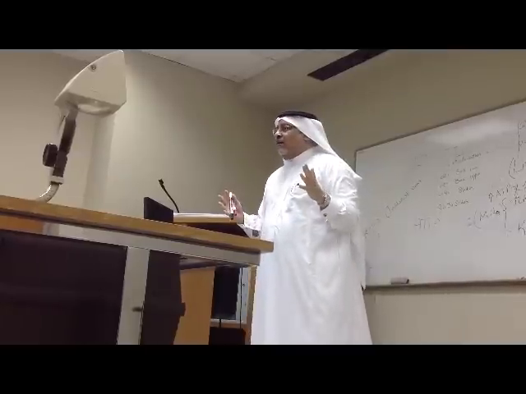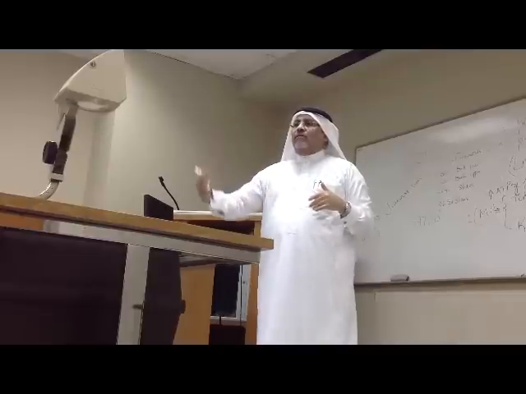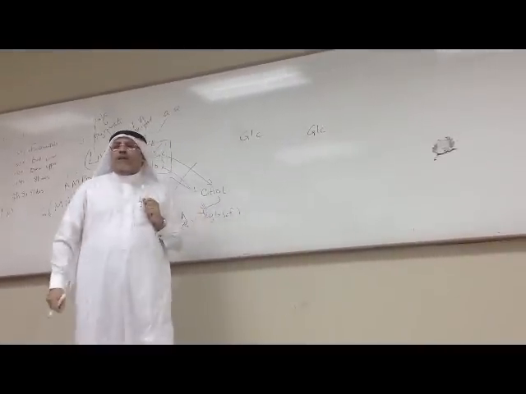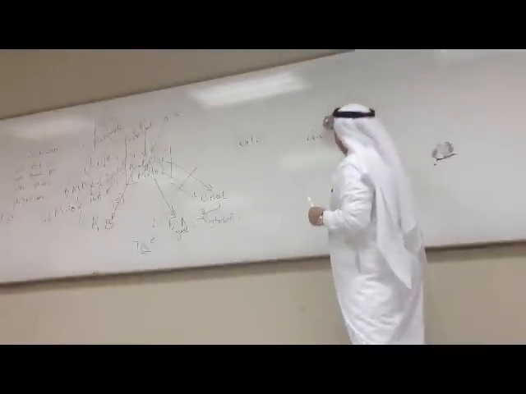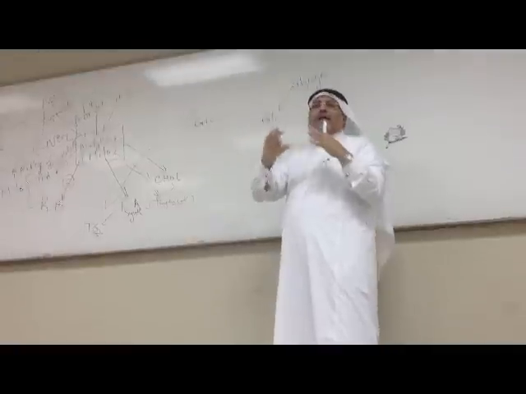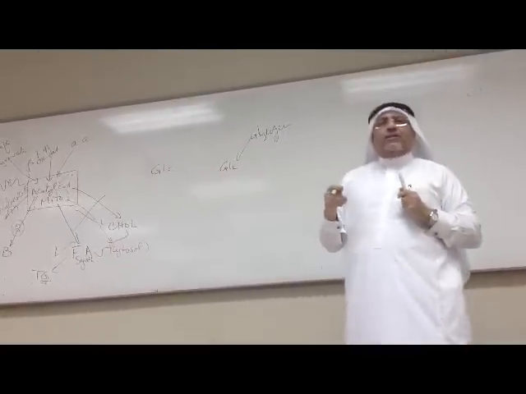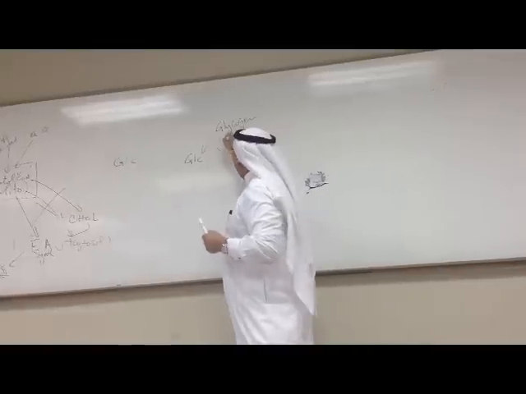the body needs an alternative pathway of synthesizing glucose. We are talking about glucose, because glucose is the immediate source of energy. Where does it come from under starvation? The first immediate source of glucose is glycogen. But glycogen, as known, is very limited.